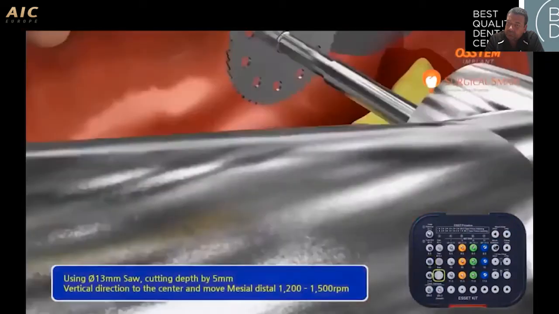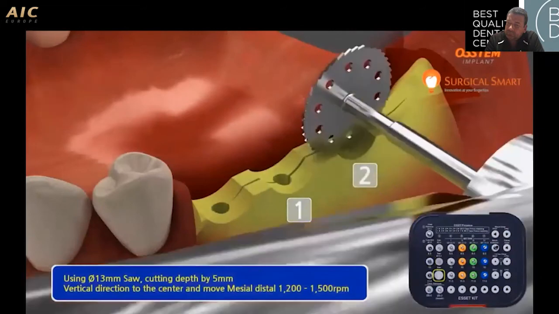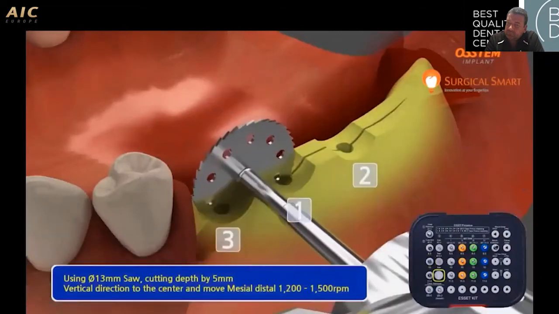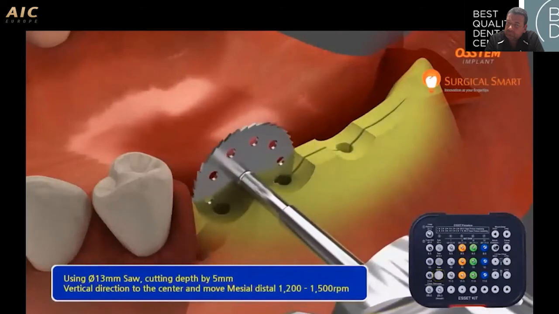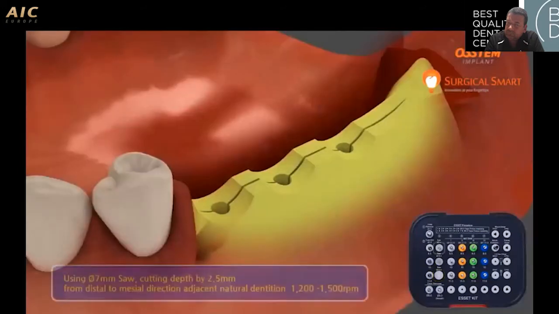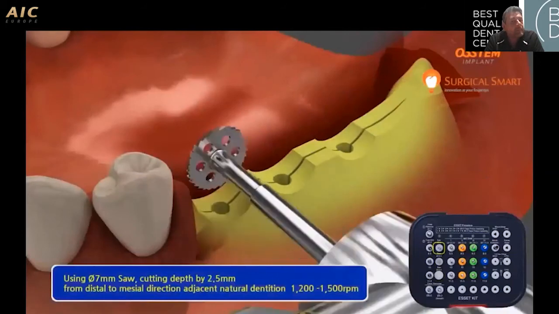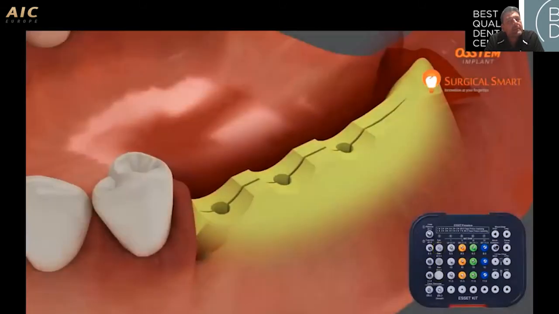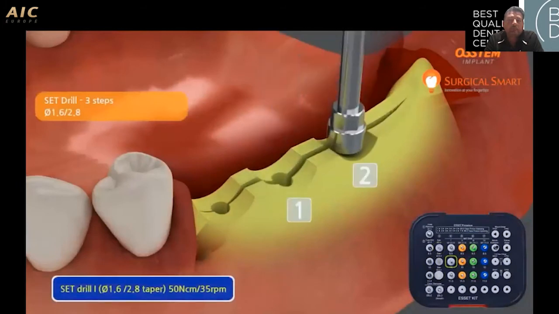Using the same horizontal cutting disc with a cutting depth of 5 mm, focus the sharp edge vertically and cut the mesial ridge, and then the sides. Keeping the same order, use the set drills to push into the ridge.